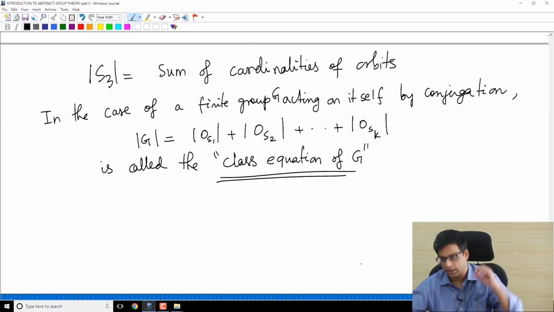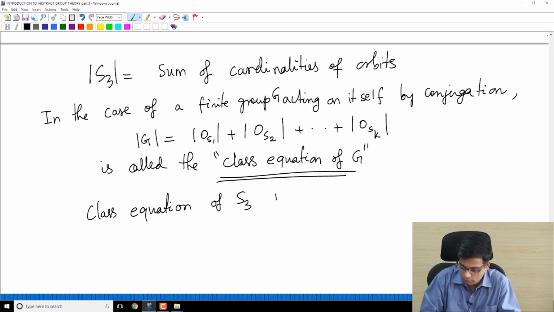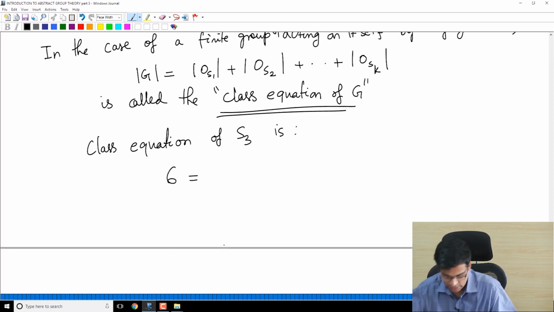Okay, so as I said, the action of G on itself by conjugation is a very, very important group action, and the usual things that we have in all group actions are given special names in this case because of the importance of this example. So orbits are called conjugacy classes and this formula here is called the class equation. So the class equation of S3 is, you have 6, the cardinality order of S3.